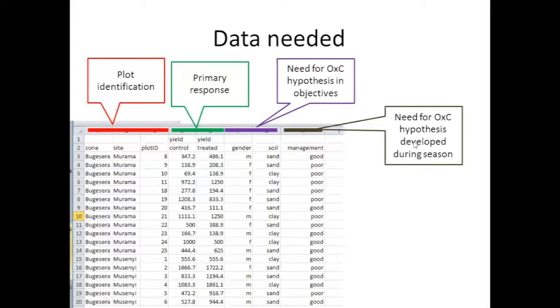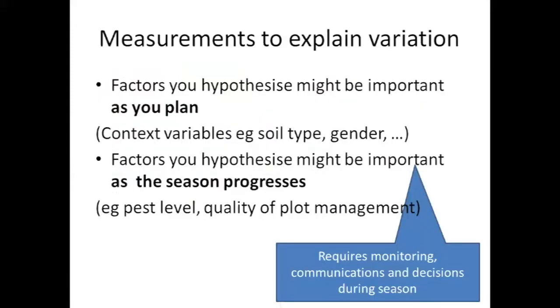That was added because the field staff thought they saw variation between farms and thought that it might be due to whether the management was good or not. And so they collected the data, and then it can be used in the analysis to explain variation. Right?